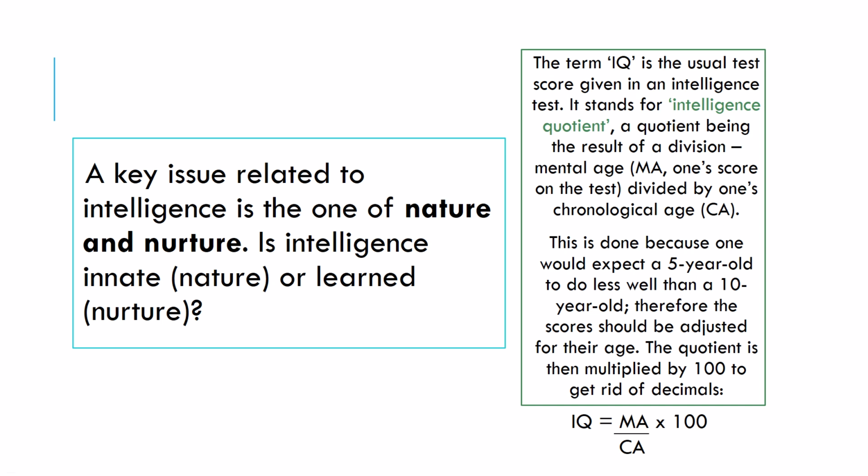Now this is done because you wouldn't expect a 5-year-old to get the same score as a 10-year-old, and therefore if they did, then that would say that that 5-year-old is much more intelligent than the 10-year-old probably is. So you adjust the scores that they get in relation to their age, and then you multiply it by 100, sorry, to get rid of decimals. Okay, so this is the score on the test, divide it by your age, and then you times it by 100, and that's how you get your IQ.